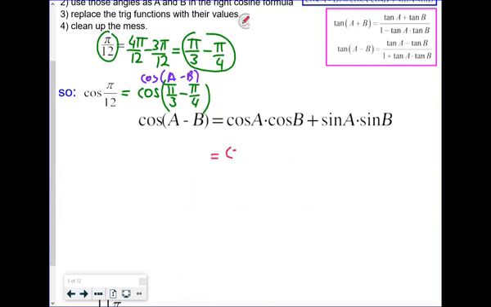So basically it's the cosine of something multiplied by the cosine of something plus the sine of something multiplied by the sine of something. Okay. A was pi by 3 and B was, I'm going to do my B in blue.